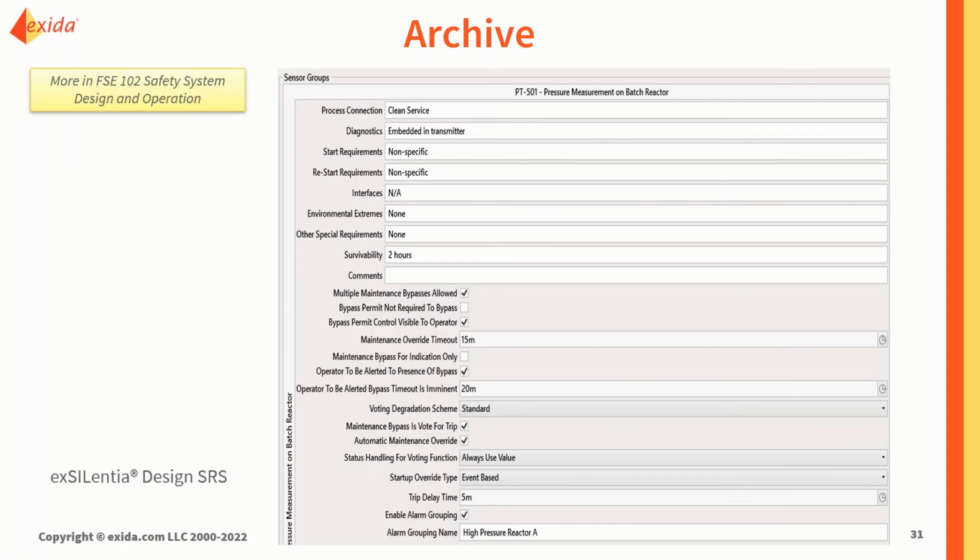And SRS, very important. We have our SRS module, this Excellentia design SRS module, in the sense that we have all the blanks that you are free to fill in, and these blanks are outlined within the IEC standard as either required or recommended for the design of your safety system.